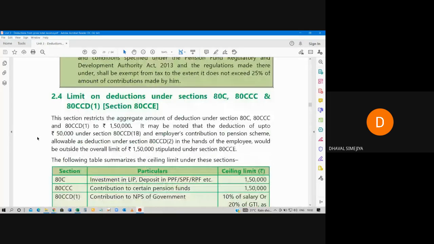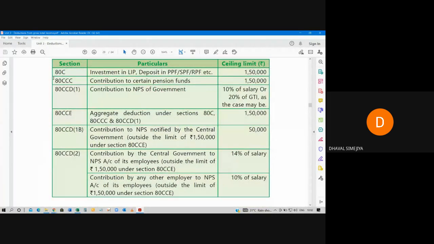Here it is. Section 80C, 80CCC and section 80CCD, subsection 1 combined together, the aggregate deduction available is 1,50,000 rupees. In addition to that, 50,000 rupees is available under section 80CCD, subsection 1B. 50,000 extra.